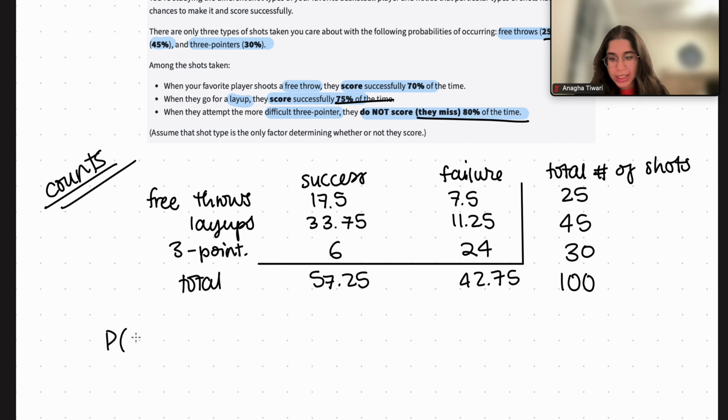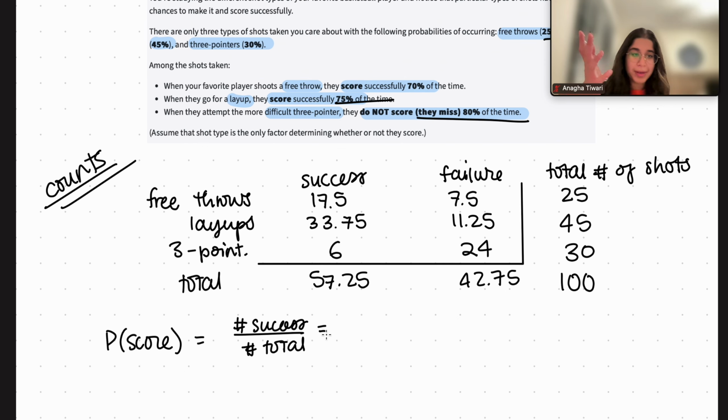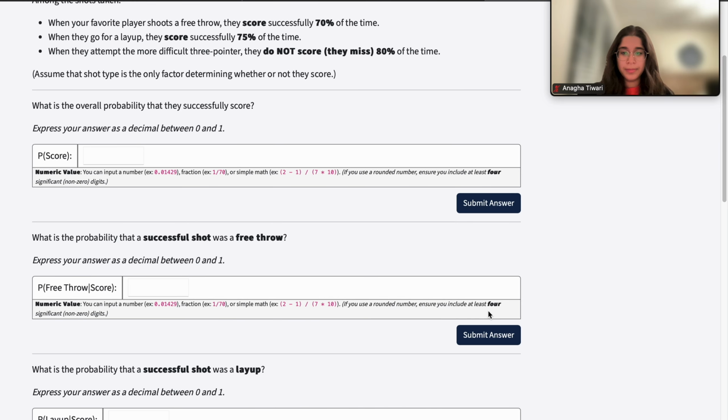So the probability that I score is the number of successful shots divided by the number of my total shots, because probability is the number of expected outcomes divided by the number of total outcomes. So it's 57.25 divided by 100, which is 0.5725.